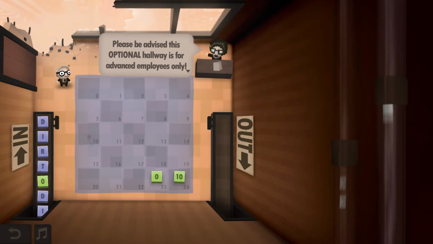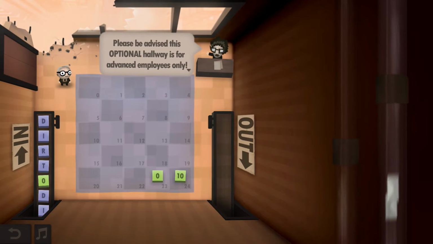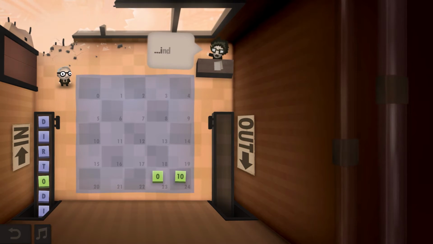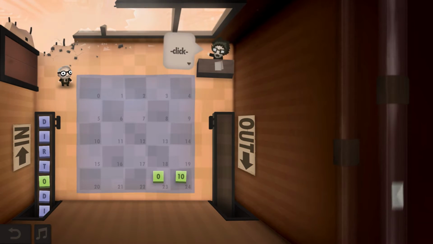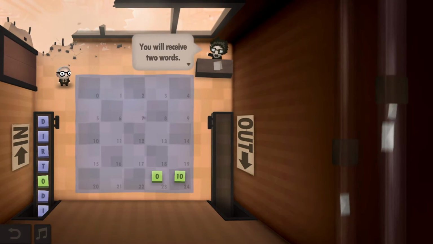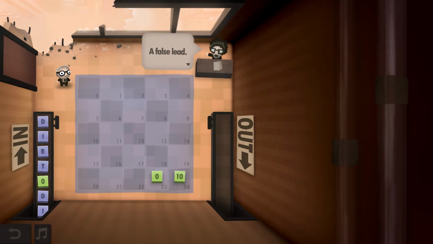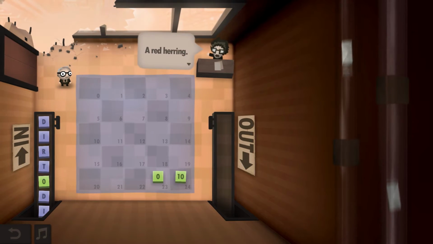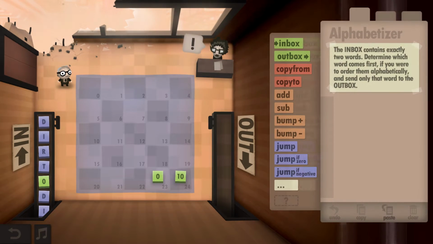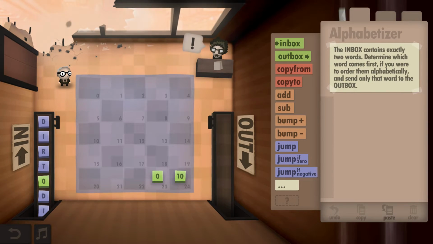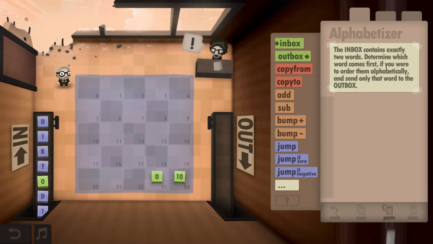Please be advised, this optional hallway is for advanced employees only. Why is there a hole in the building? Incoming message. You receive 2 words. One is a decoy, a false lead. A red herring. The other is part of an important message. What? The inbox contains exactly 2 words.